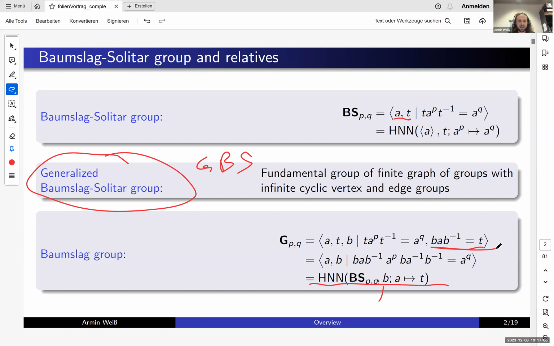Now we can see that t is actually just an abbreviation for b a b inverse, so just a and b suffice to generate the group, and it's a one-relator group. These are the three main classes of groups I will be looking at.